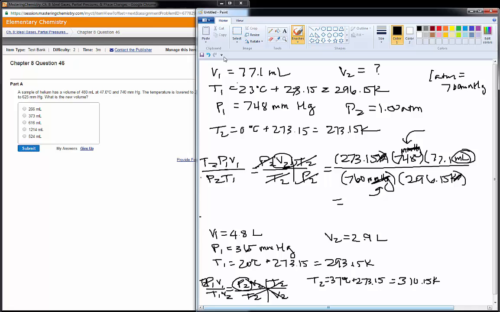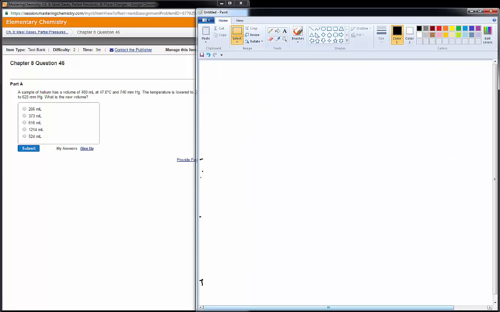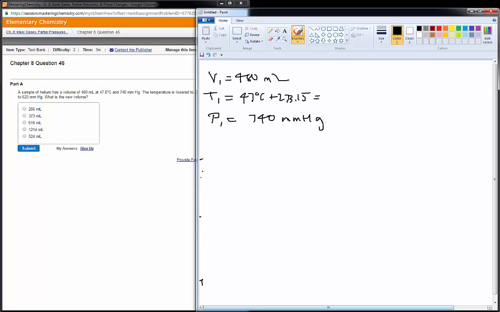Multiple choice. This is what this type of problem is going to look like on the test. So let's try this one. A sample of helium has this volume. Okay, so V1, 480 milliliters. T1, 47 Celsius. It'll make it K. And P1, 740 millimeters of mercury.